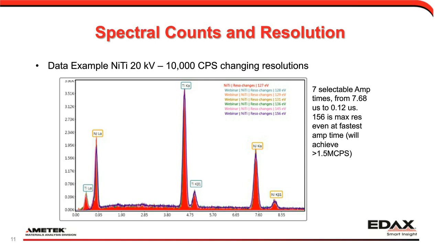So on this slide, we're able to look at the spectral counts and resolution, again showing the 10,000 counts per second, but now changing the resolutions through all of the different amp times.